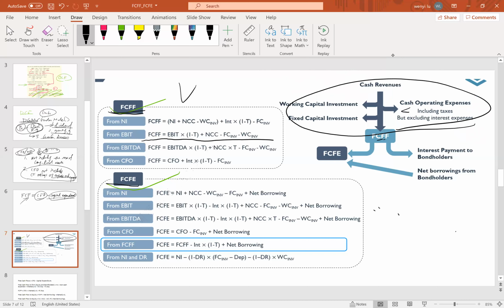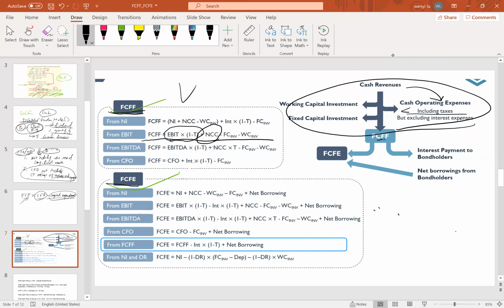So we have the EBIT minus the T, so that's this part: revenue minus tax. EBIT minus the tax, and we need to plus what? Non-cash charge.